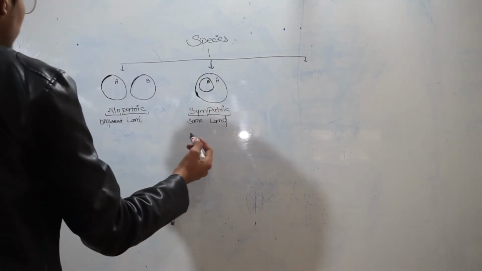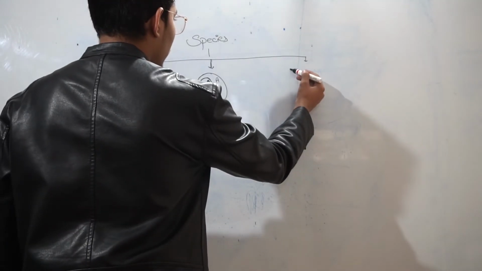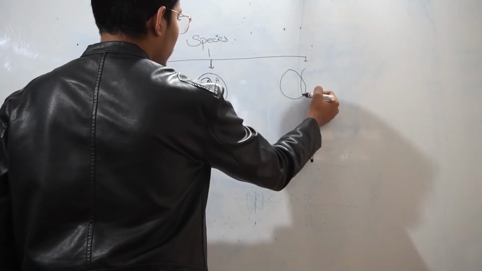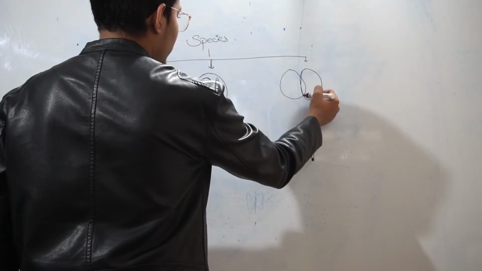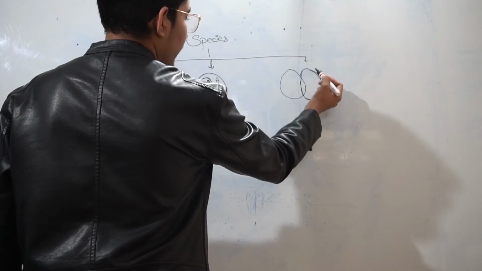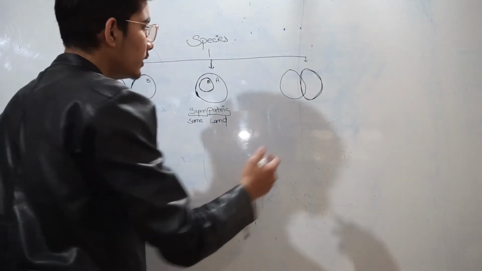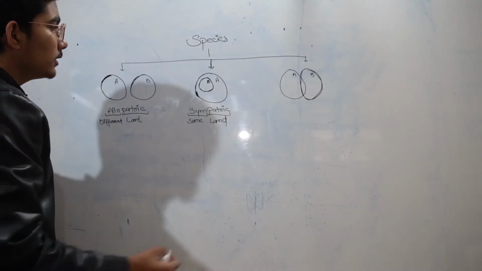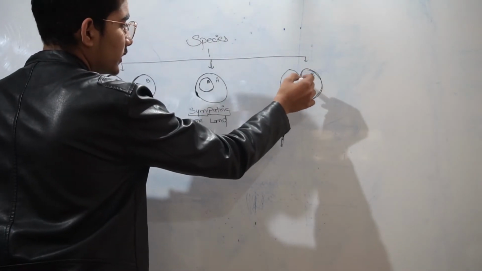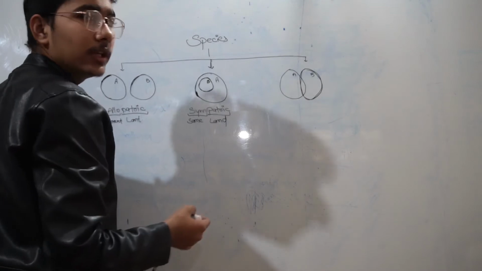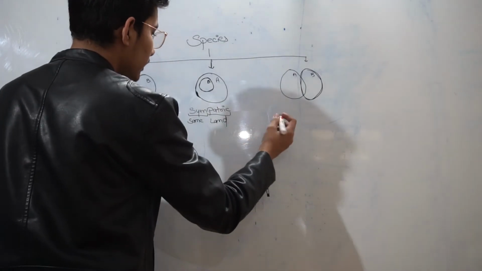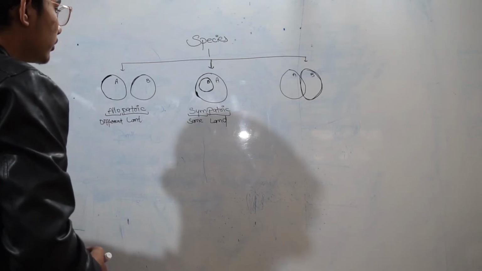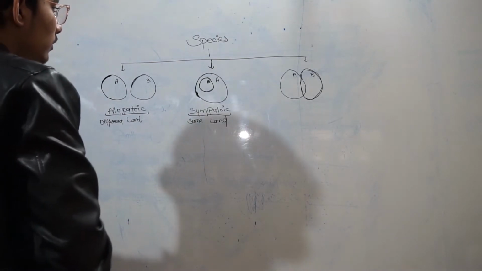Now say this is area 1. And if another species is present adjacently, parallelly, yes, present parallelly to A. Here A and B are present adjacently, so what do we call it?